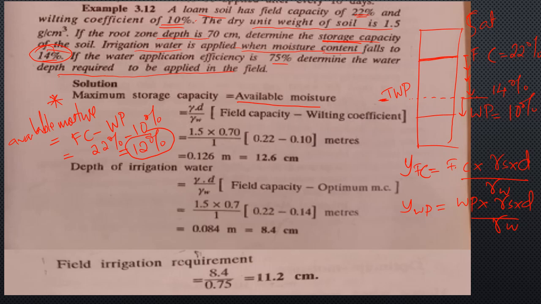Now let us say the depth corresponding to available moisture is equal to y Fc minus y Wp.